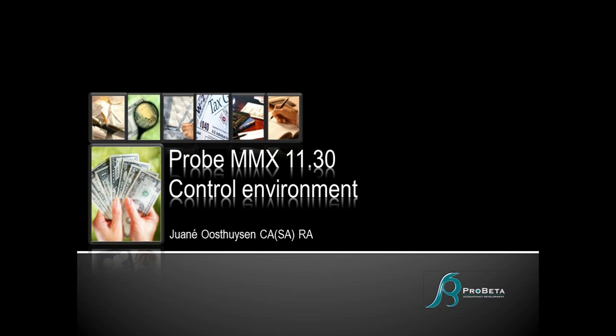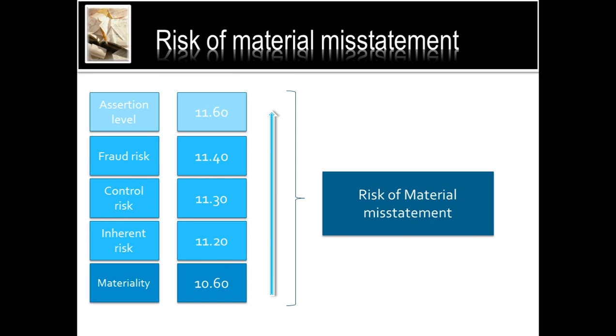Right, so moving on to the first slide then. I want to remind you of an earlier slide that I showed a few weeks ago, and this is really just reminding you of the parts that make up the determination of the risk of material misstatement.